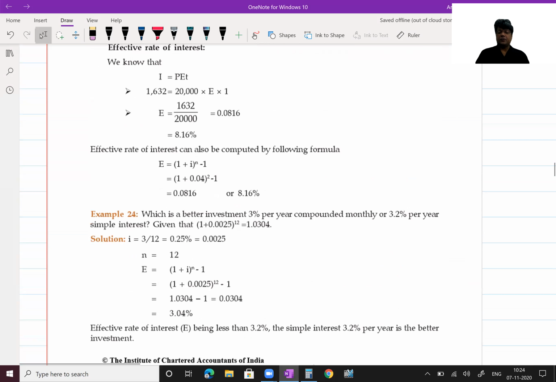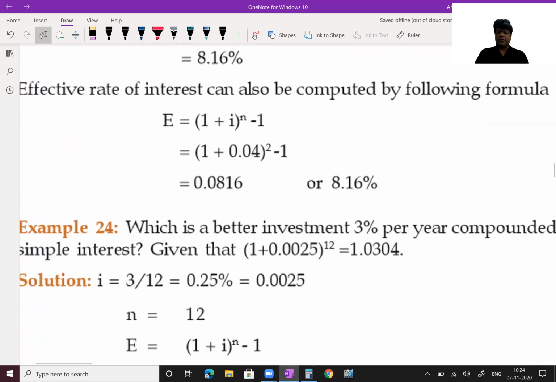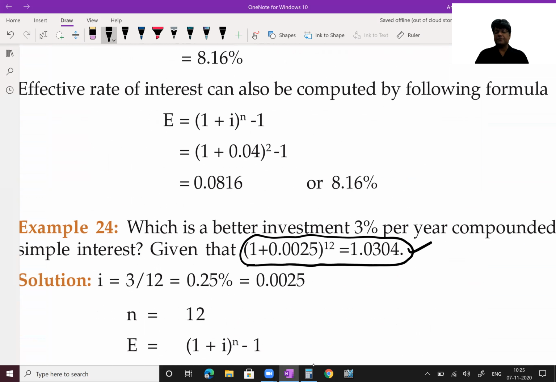Guys, see this, you don't need to bother how to take the value after the decimal, 3 digits, 4 digits, how much. This kind of value will be supplied with the question. So how many digits after the decimal you are to take, that decision will be theirs, not yours. See, decimal 0304. This value is supplied by them, you will take it, and your answer will exactly match paise to paise. Otherwise, if you are to calculate, what will happen? Some students will take 2 digits after the decimal, 1.03, removing the 0.